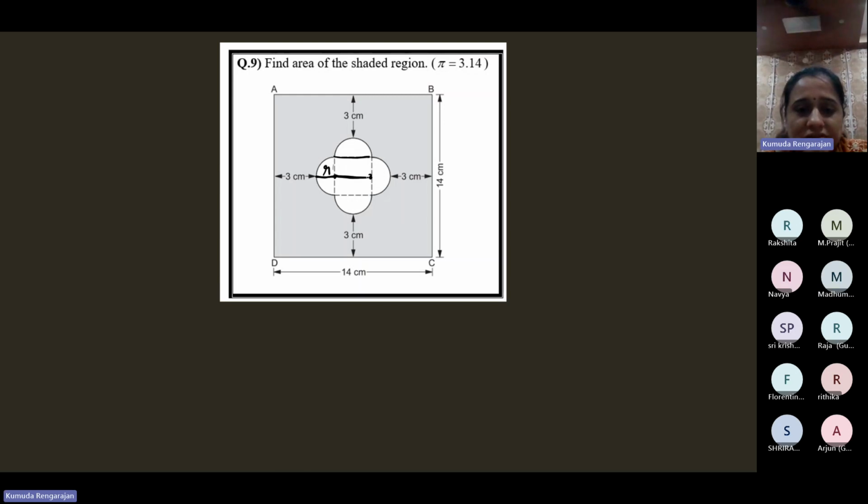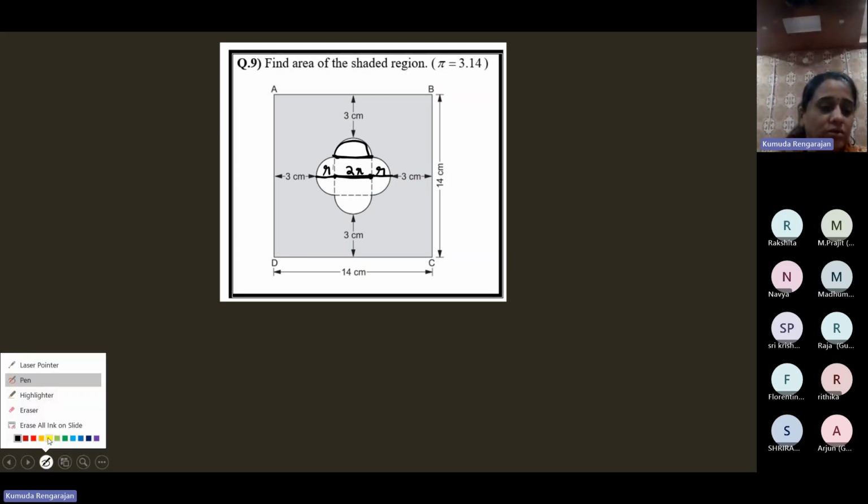Is this one equal to this one? Yes, ma'am. So what is this one for this semicircle? Diameter, ma'am. So that means this length is 2r, right? Yes, ma'am. Then what is it from here to here? Radius.